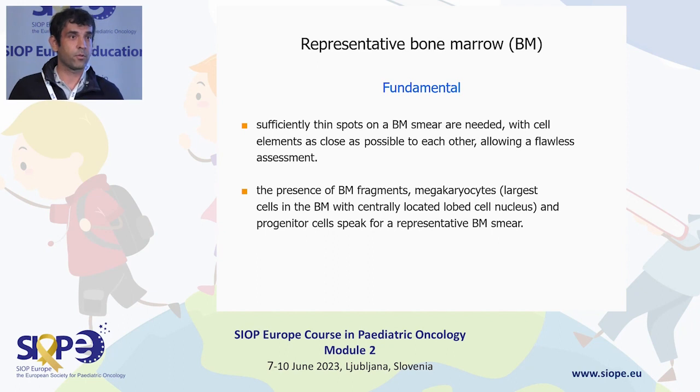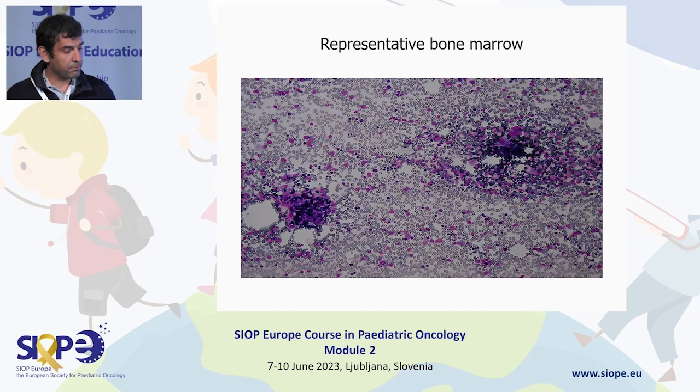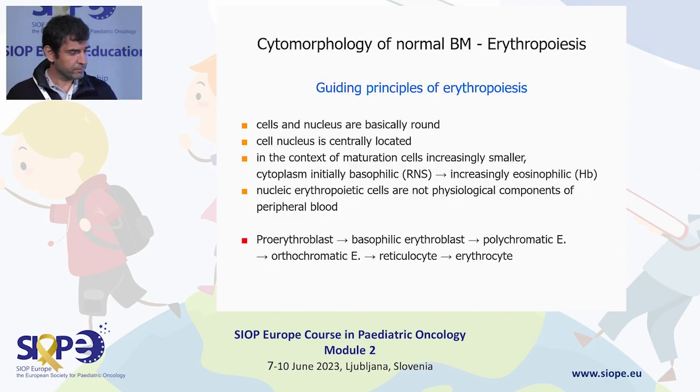Only if these three aspects are fulfilled, you have a representative bone marrow. And this is, I think, what you have to check before you start judging a bone marrow. You can see a picture of a bone marrow. You can see the bone marrow fragments. When you go deeper, you can see the megakaryocytes, and you can also see the progenitor cells.